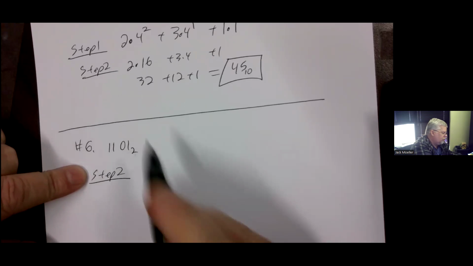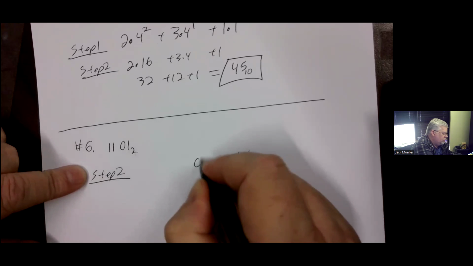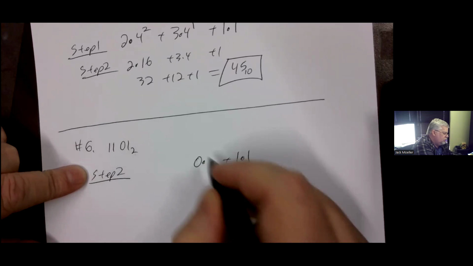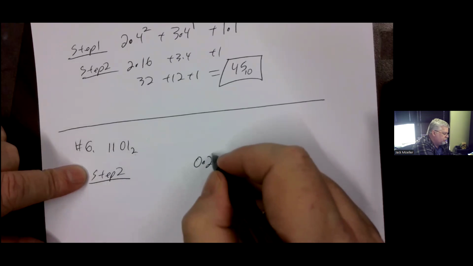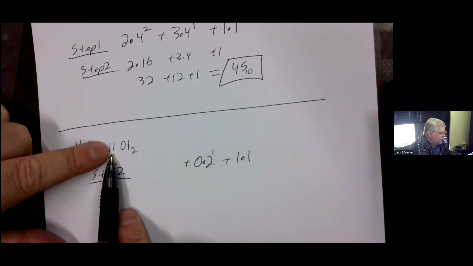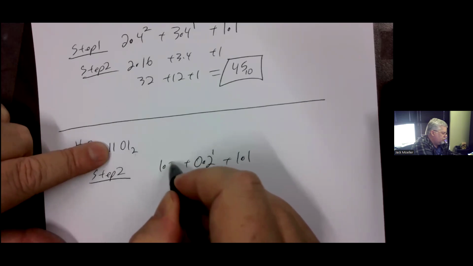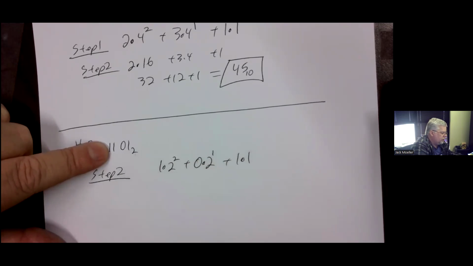Start on the right, we have 1 times 1. Then we have 0 times, well, times what? The base is 2. The exponent on that second column is always the first. Now for the third column, that is 1 times 2 to what power? Well, that's 2 squared.